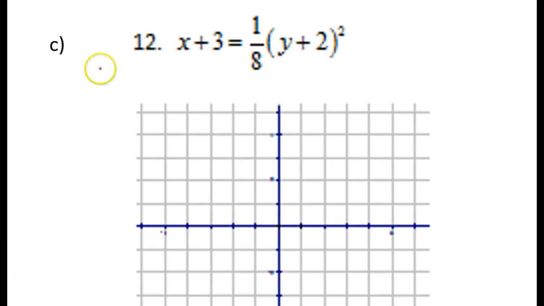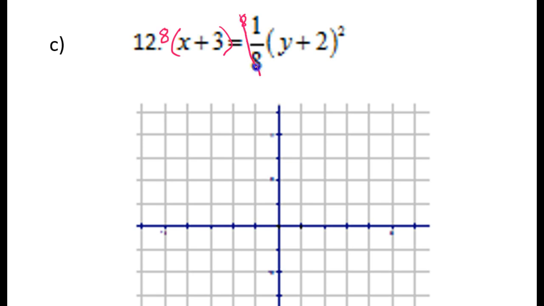I can tell that part C is the equation of a parabola. And I know that because only one variable is squared. y is squared, the x part is not squared. So in standard form, I really want to have the squared part by itself. So this 1/8 is in the wrong place for me. So what I'm going to do is I'm going to multiply both sides of the equation by 8.